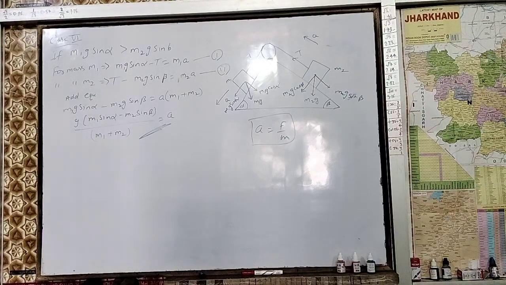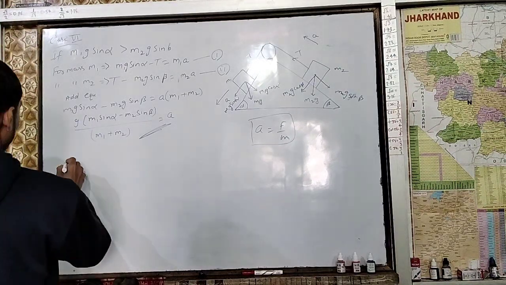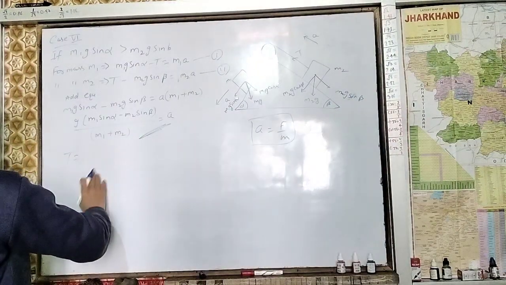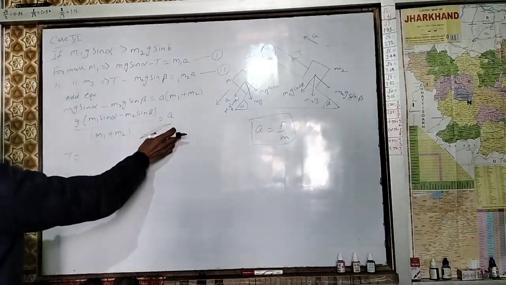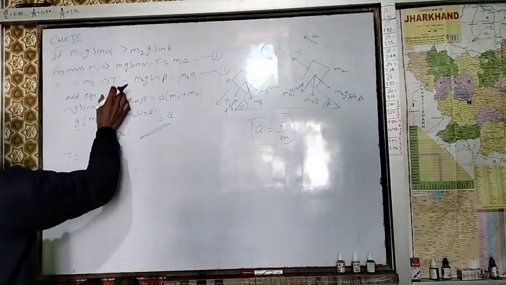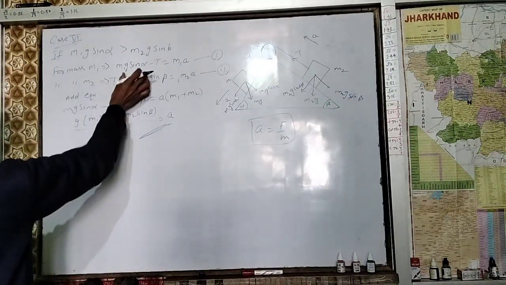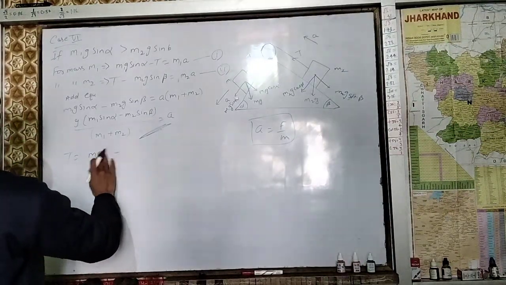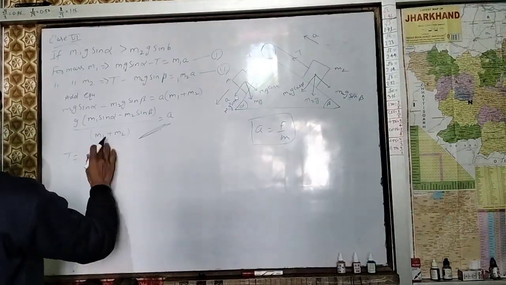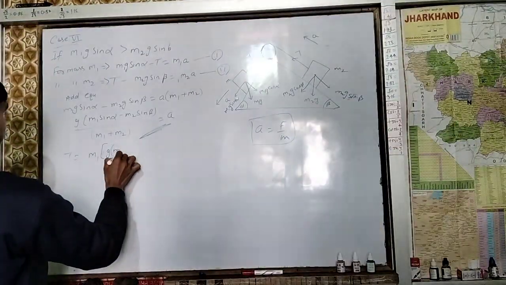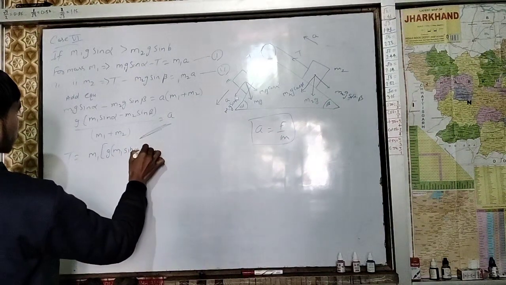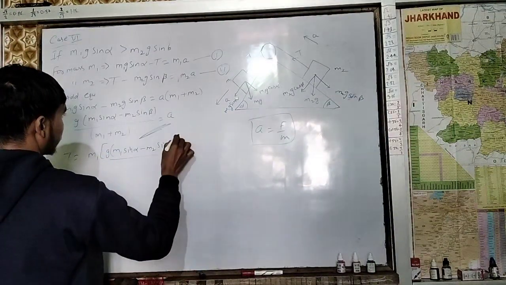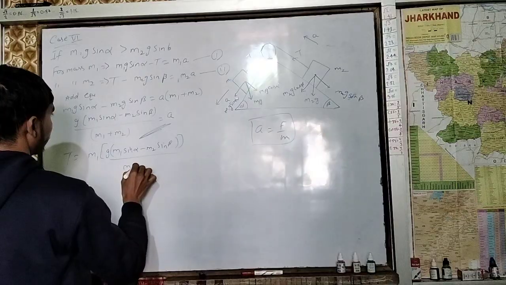Now what would be T? The value of T: just put the value of a in the first equation. So this T will become m1a minus, where a is how much? z times m1 sin alpha minus m2 sin beta upon m1 plus m2.